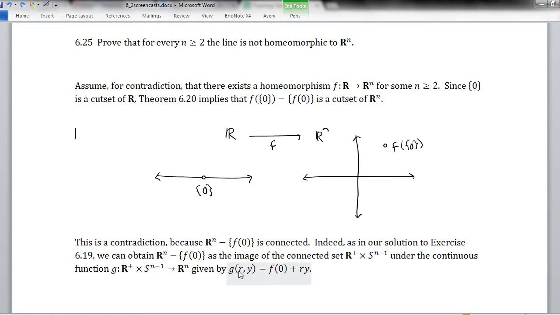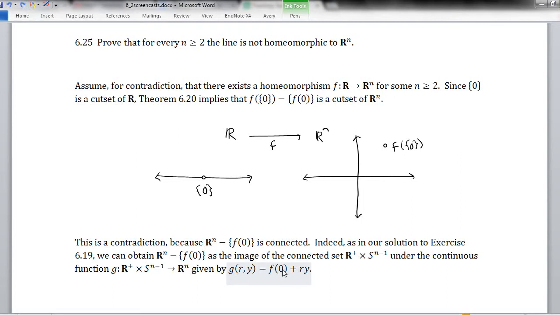We're going to take a positive real number r and a point y on the unit sphere in Rn, and we're going to multiply the point by the positive real number, which takes that unit sphere and expands it to a sphere of radius r, centered at the origin in Rn. And then when we add f of 0 to that, that just shifts the sphere so that the new center is f of 0.